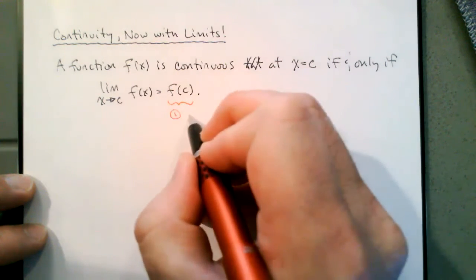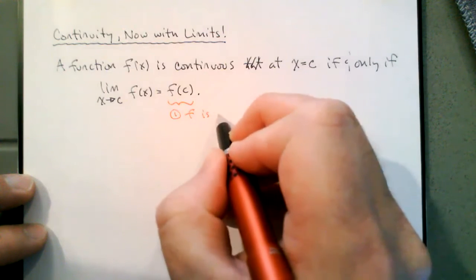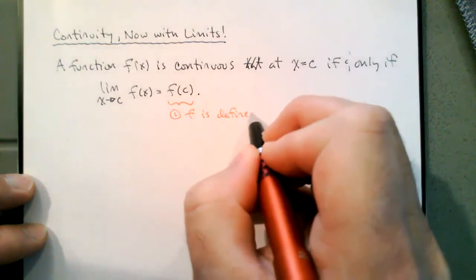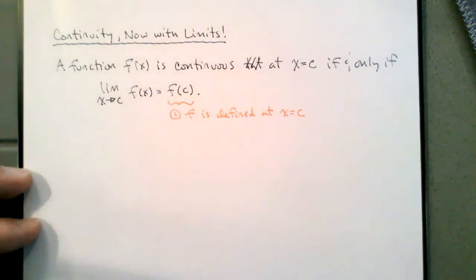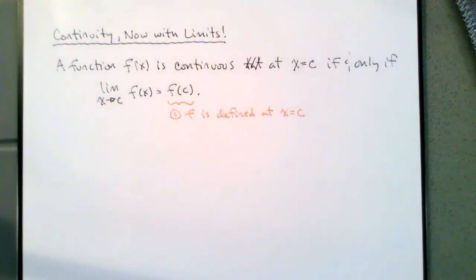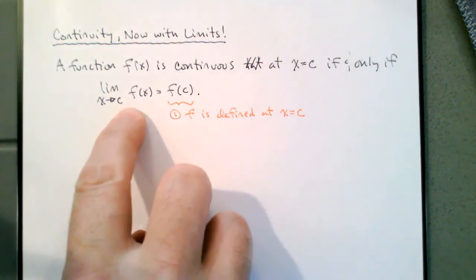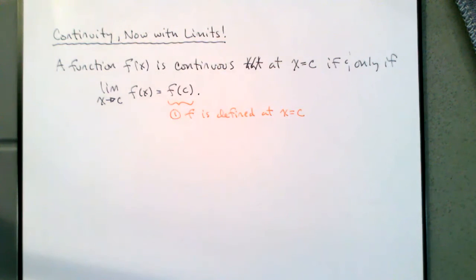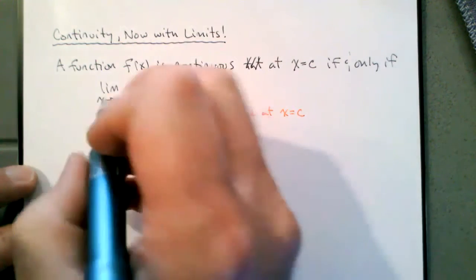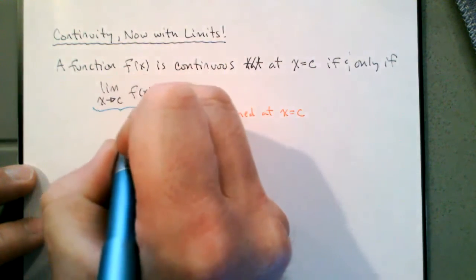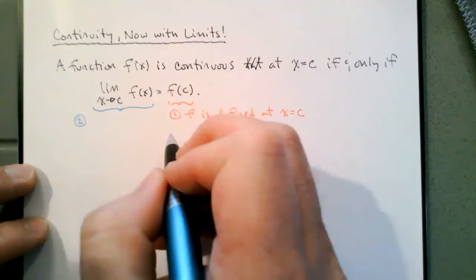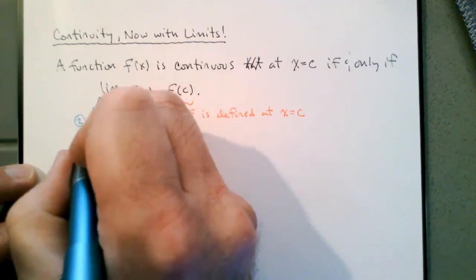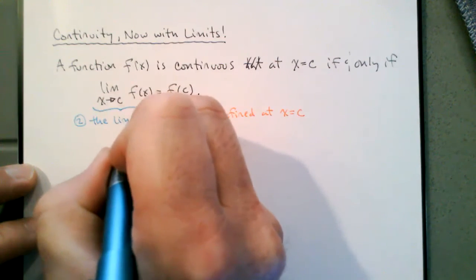So first, f is defined at x equals c. That's the first thing that we need. The second thing that we need is that this limit has to exist, otherwise this statement is completely meaningless. So second, the limit as x approaches c exists.